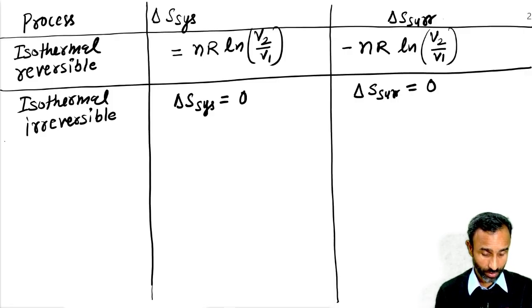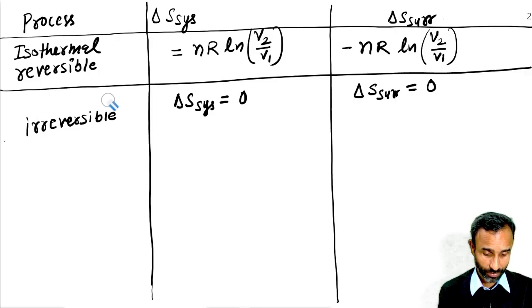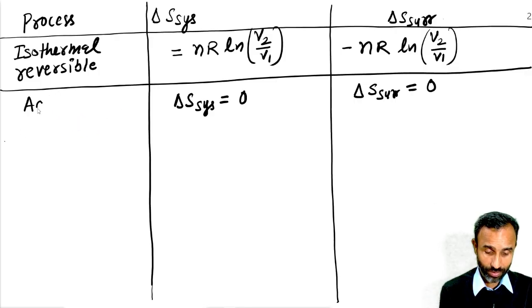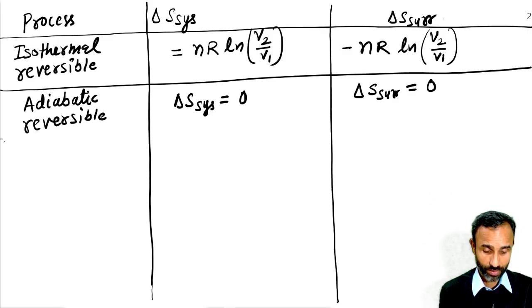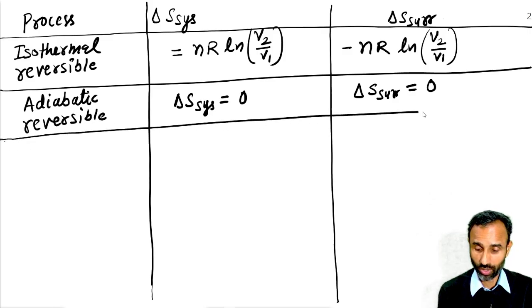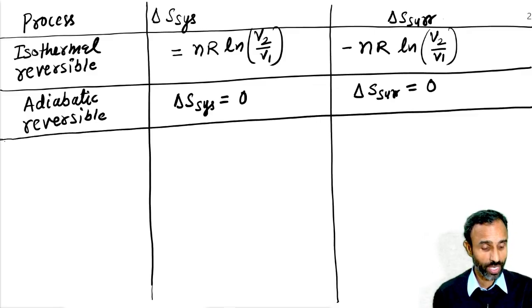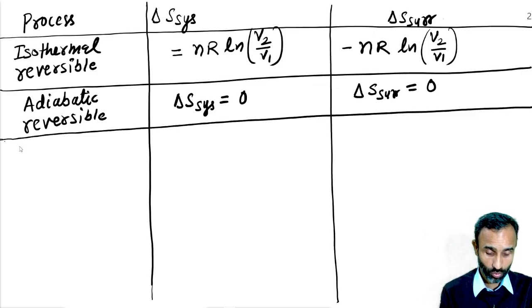Sorry, isothermal, now adiabatic. Q is 0, so that is adiabatic. So adiabatic reversible. You know, adiabatic Q is 0, so delta S is also 0.